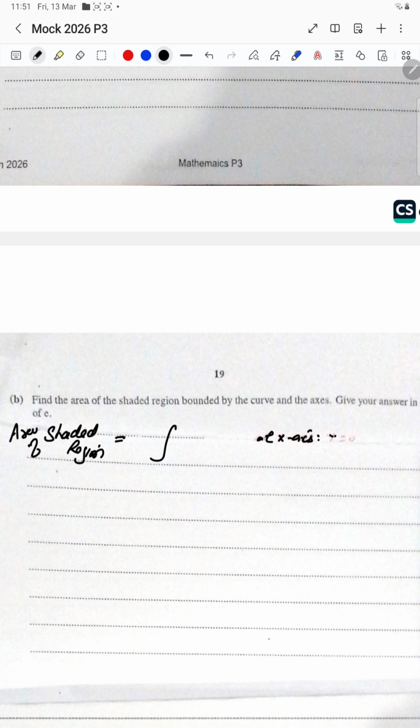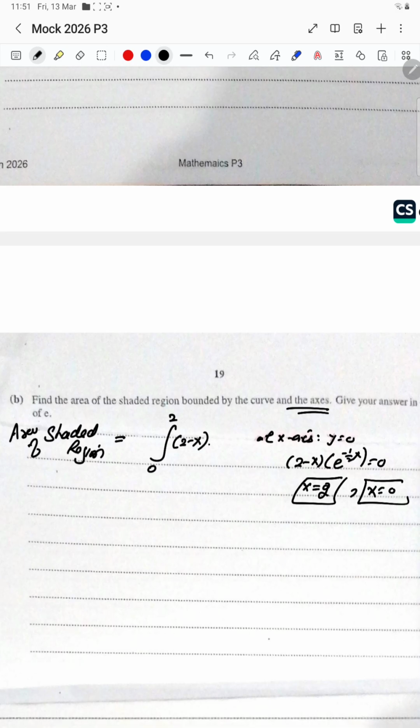We know y is 0 because on the axis y is 0, so it means 2 minus x e raised to minus 1 by 2x equal to 0. I will get x equal to 2, or x is equal to 0. I get these two values. 0 to 2 is the limit, and I need to integrate this now.